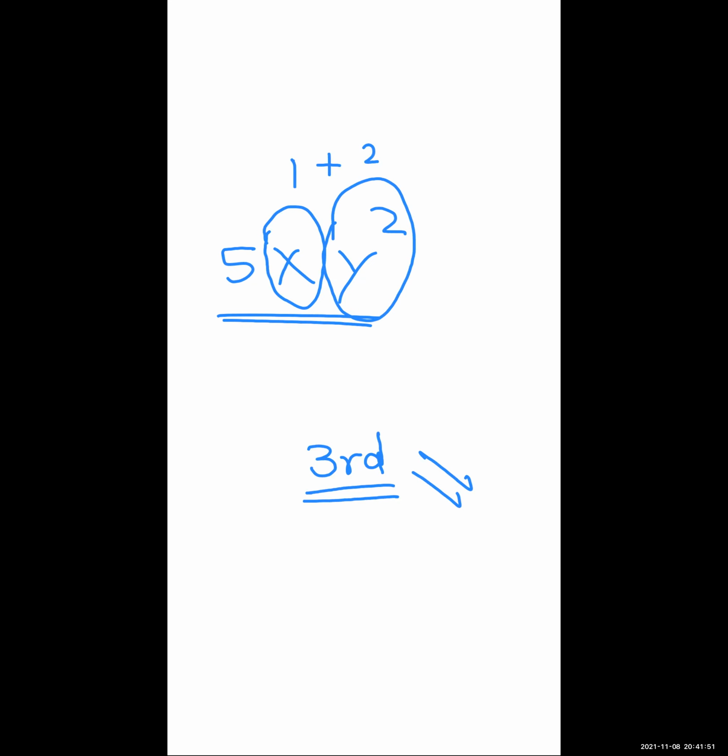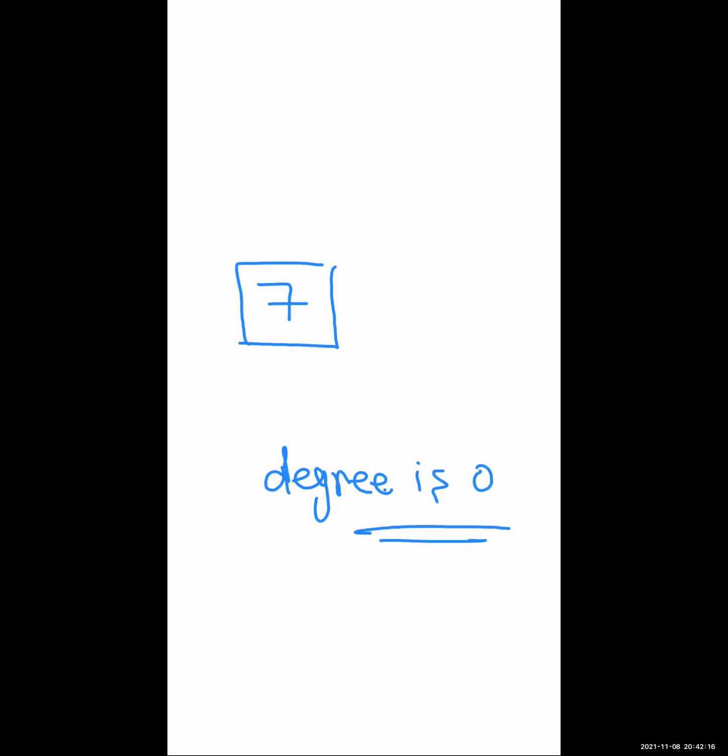One important question, guys, and concentrate well. If I ask you what is the degree of this term, 7, for example. Here there is no variable. Actually, it's only 7. So the degree here is 0. Why 0? Because any variable to the power of 0 equals 1. We explained that in the first unit.